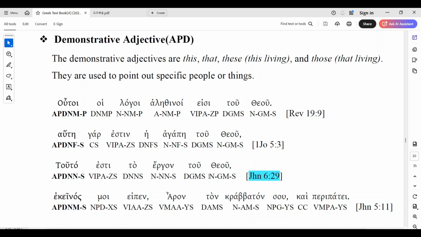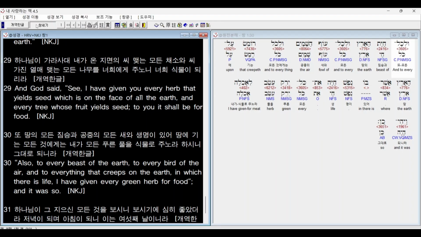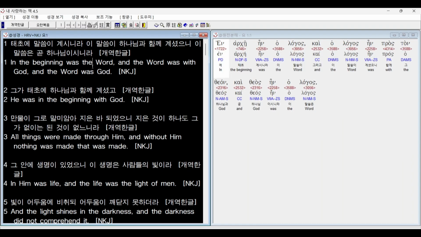In case of God, when we go to John chapter 1 verse 1, if you look at the right side, the Greek text, it shows two different God. If you look at here, pros ton theon. So pros is not with, we learned many times.